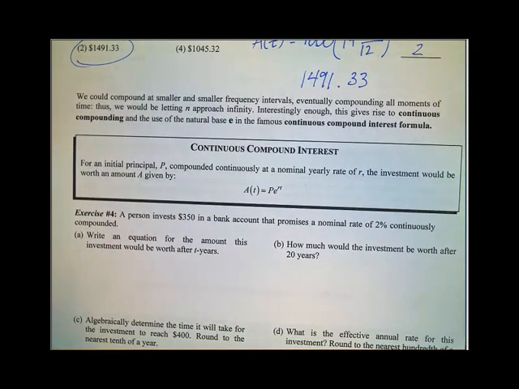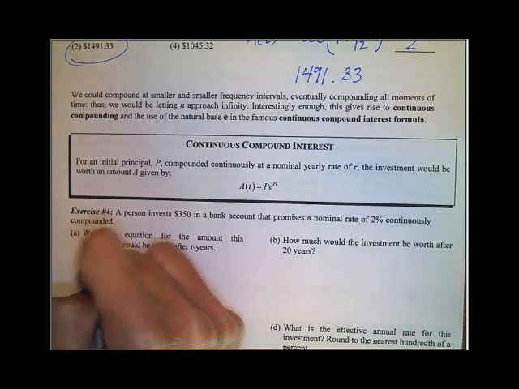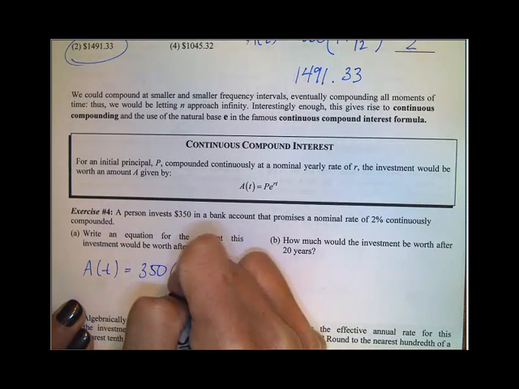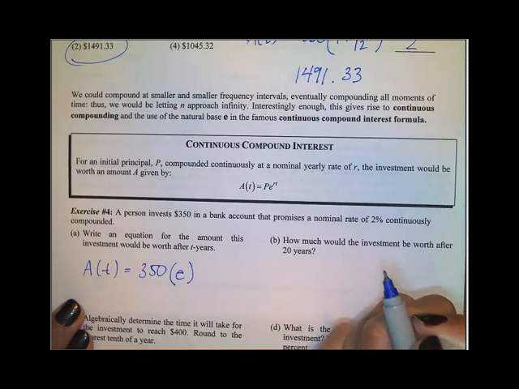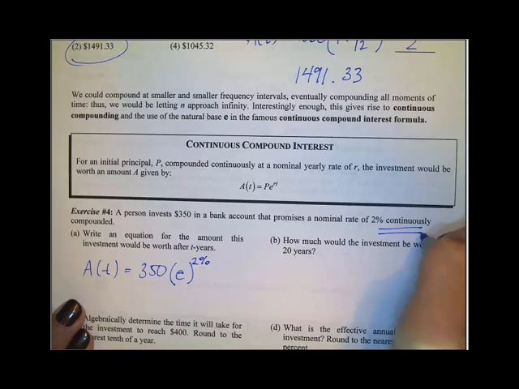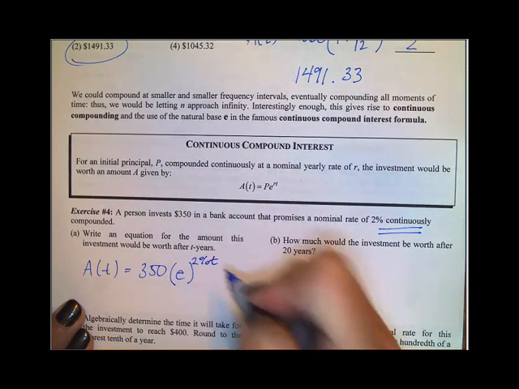Go ahead, pause, and maybe try to give it a start to get that equation down. So we have A of t equals, we started with 350 times e raised to our rate, which is 2%. Continuously tells us it's the e equation, and we don't know our time.